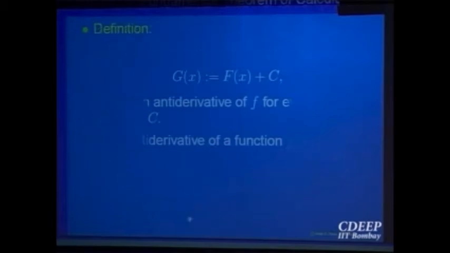So for a given function small f, it has many antiderivatives, right? We want to collect them together in one box. So we look at a set, right? Given a function, look at the set of all possible antiderivatives for that function small f. That is a set where any two functions will differ by a constant.